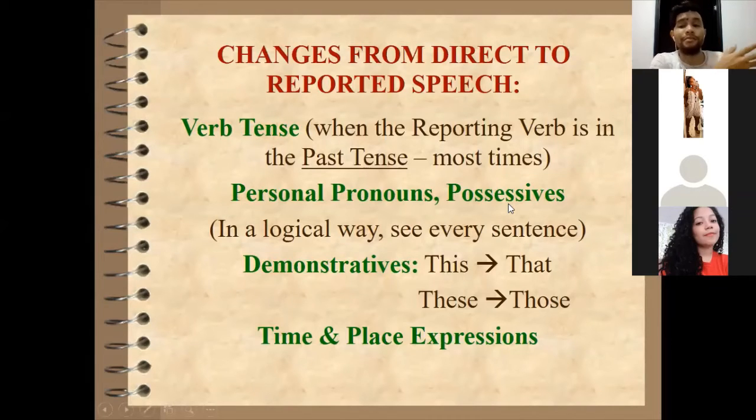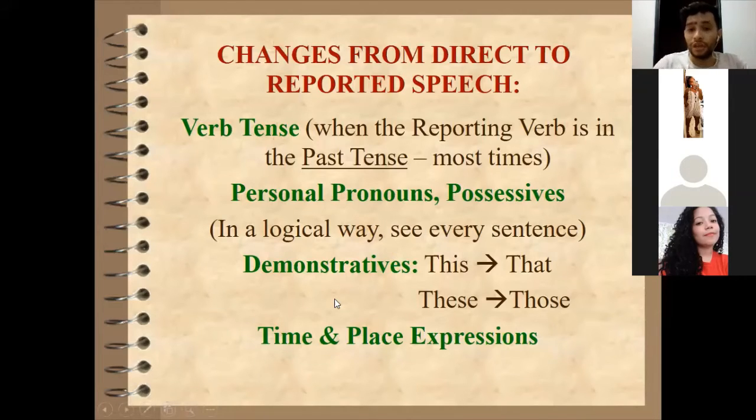Maybe you realized in the previous PowerPoint presentation that the possessive adjectives like my, your, his, her, our, their also change when we go to the reported speech. So we need to use them in order for the sentence that we say to be logical for me and also for the person that I'm going to repeat the information to, right?